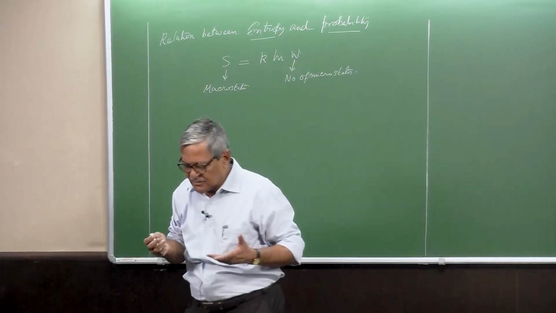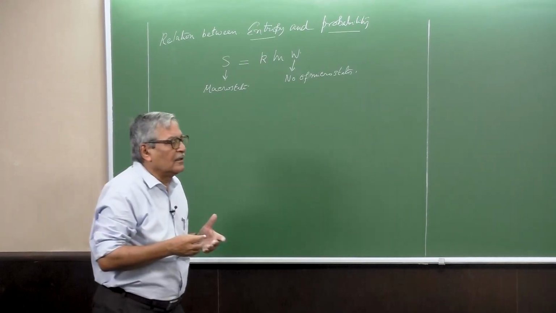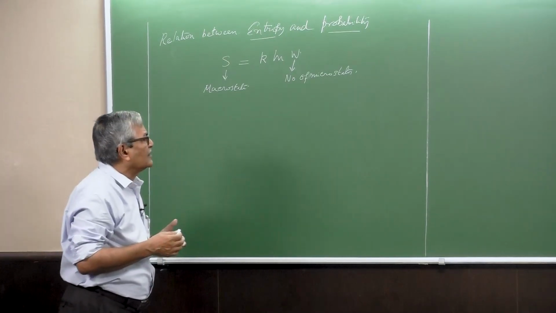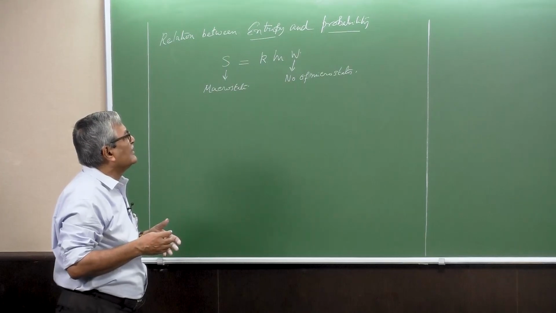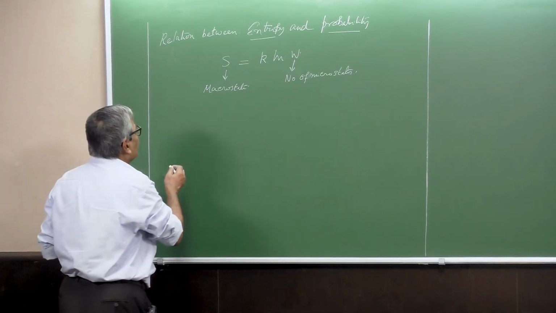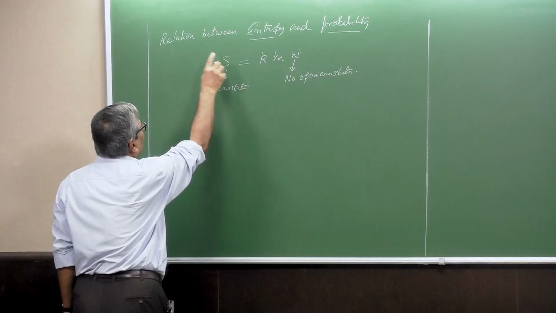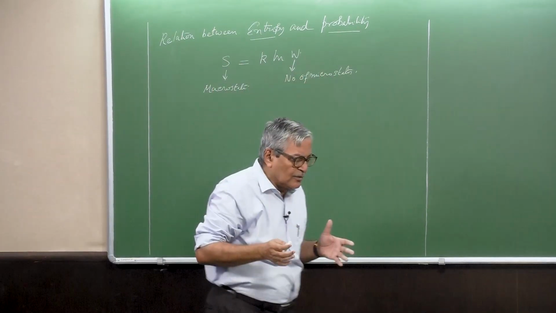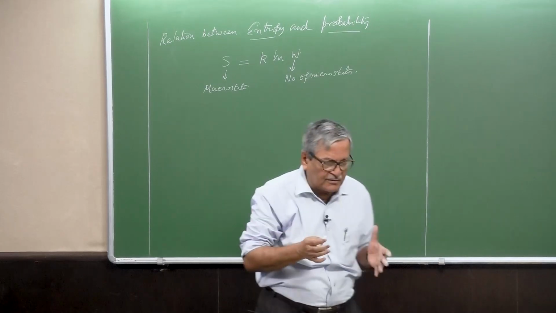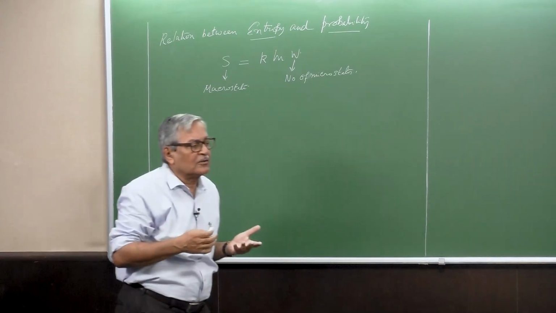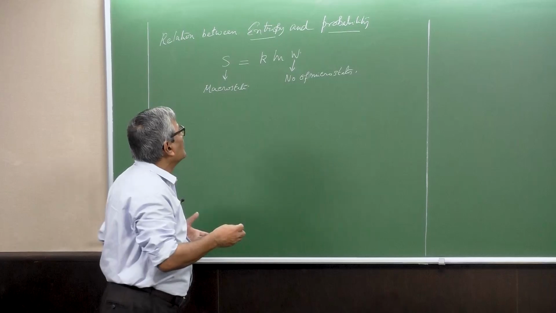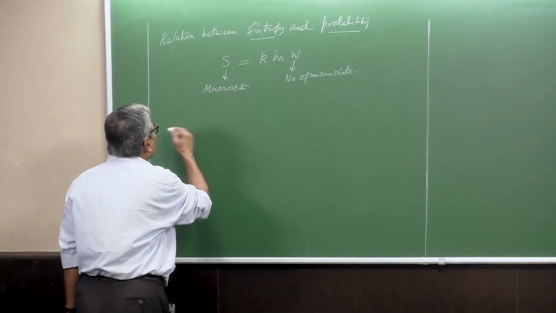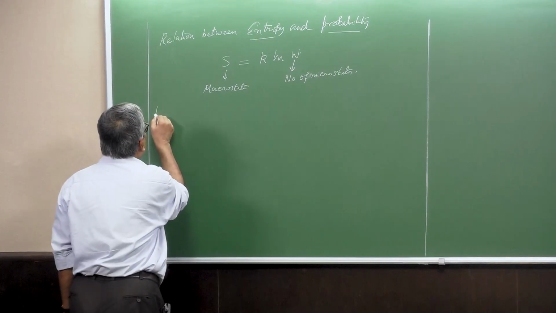That is the question that I will try to answer in this particular class: how the relation between entropy and probability affects, or relates to, other properties of the system. So it is basically a relation to thermodynamics.